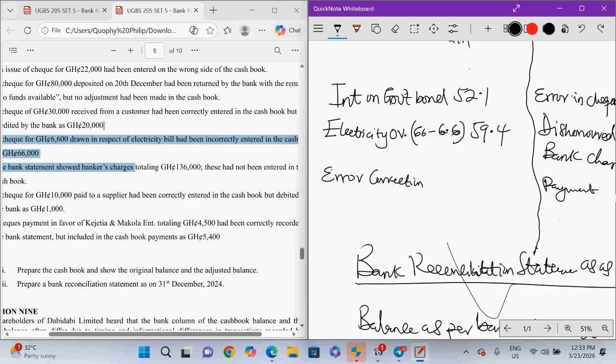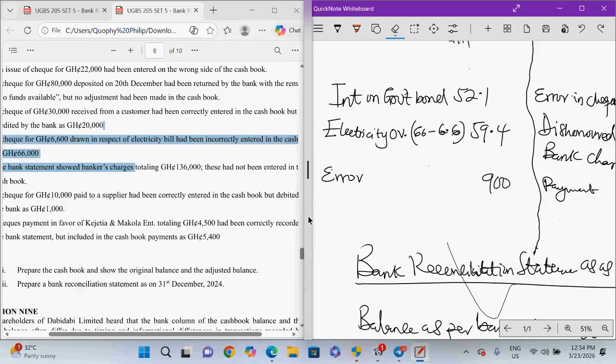So they recorded 5,400. But what are they supposed to record? They are supposed to record 4,500. So what amount should we write here? What is the amount that we write here in order to get the 4,500? 900. So we record error, which is what?